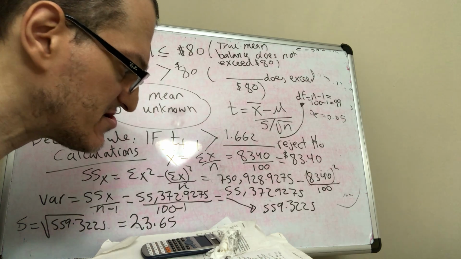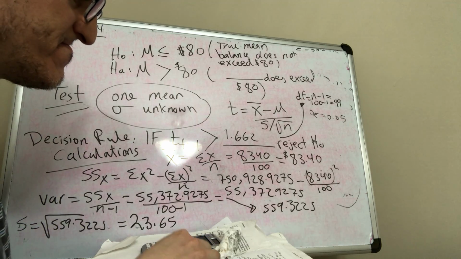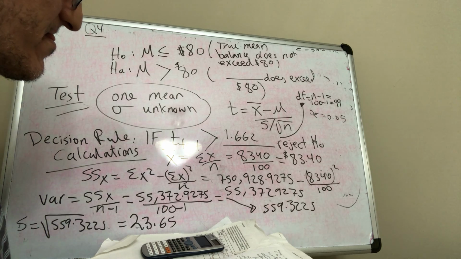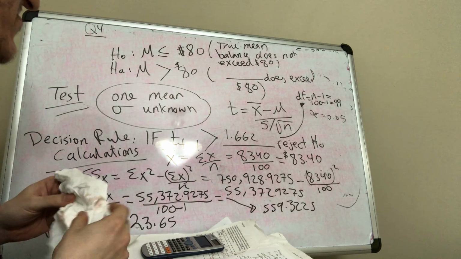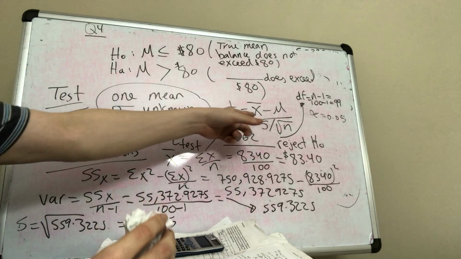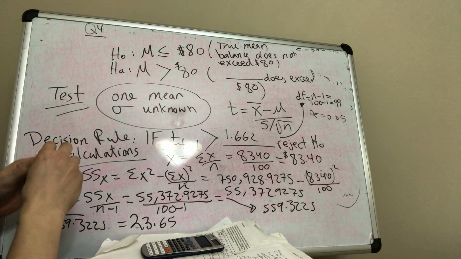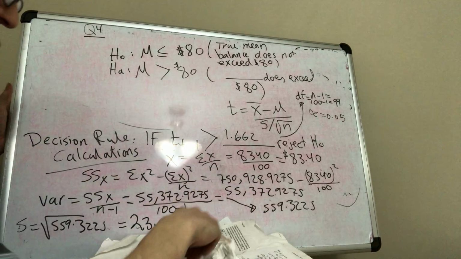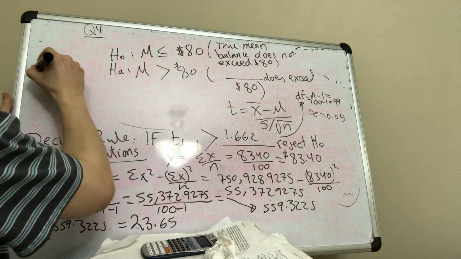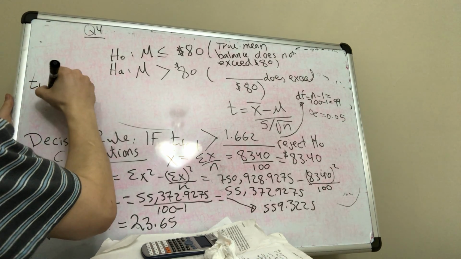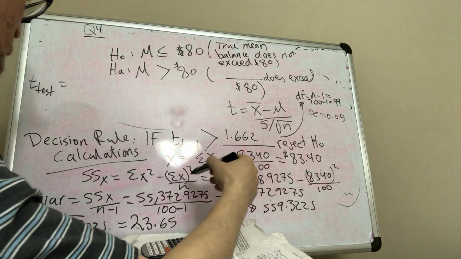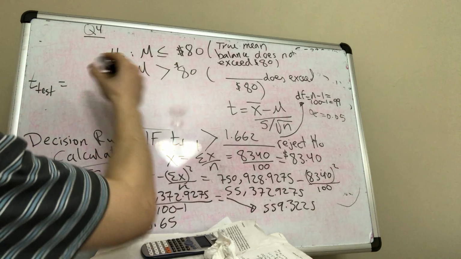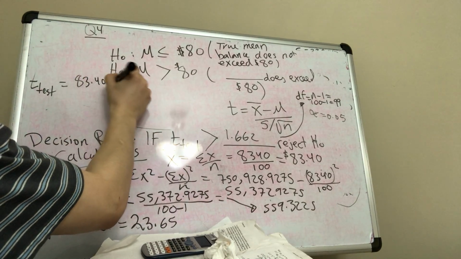Once you have the standard deviation, you're ready to put everything in the formula. So I'll do it here. We're ready to put everything in this formula for the t-test. The average we found is 83.40.